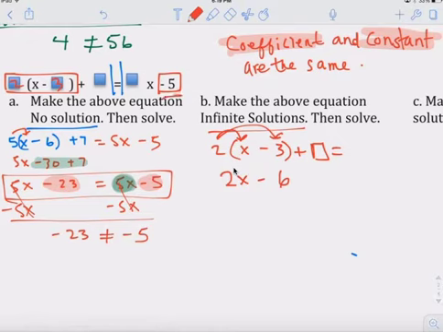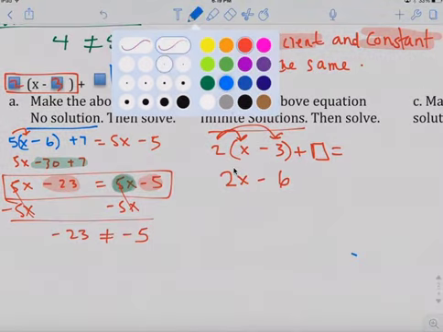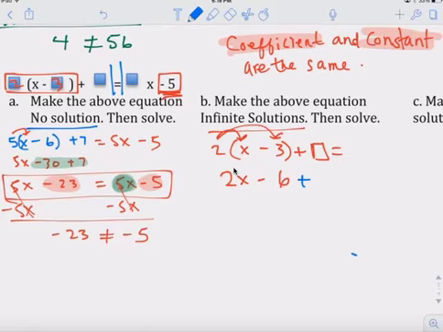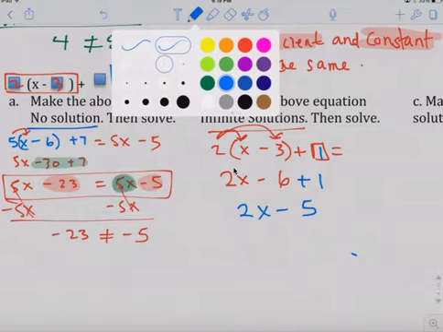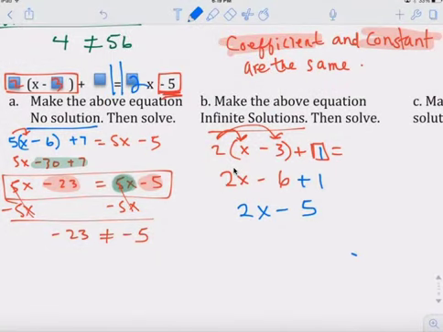Okay, we want a negative 5. In order to get a negative 5, I have to add 1. Add 1, I get negative 5. 2x minus 5. So the missing number here is also a 2, right there, in this box.